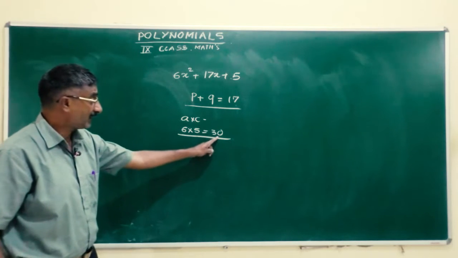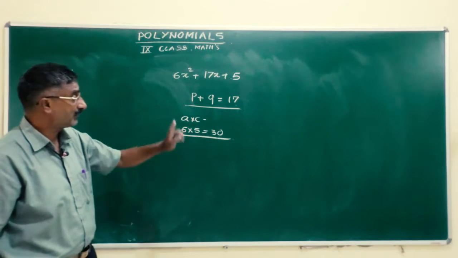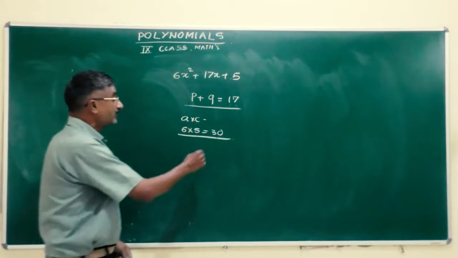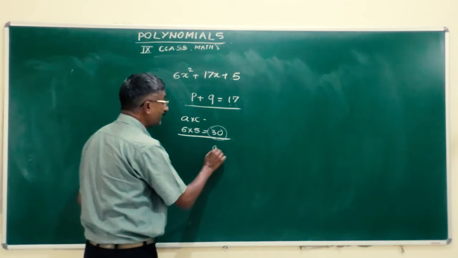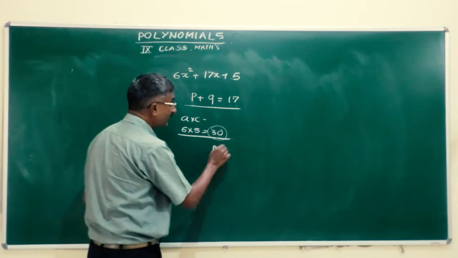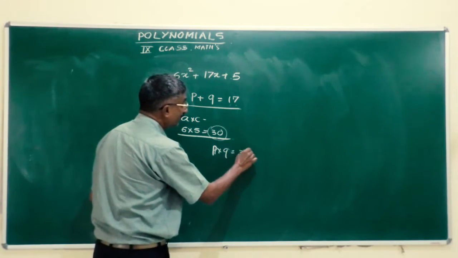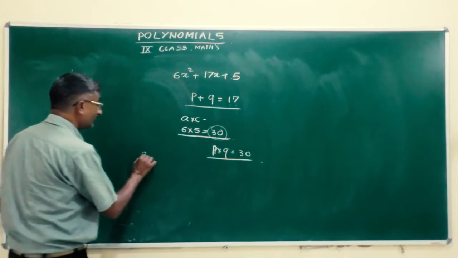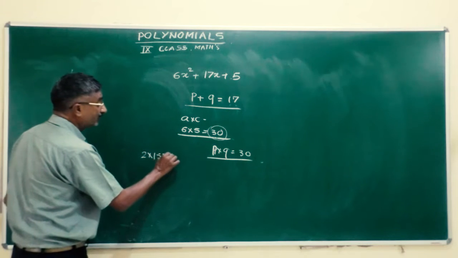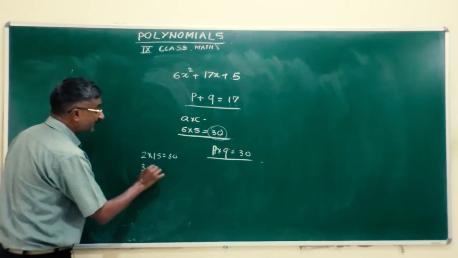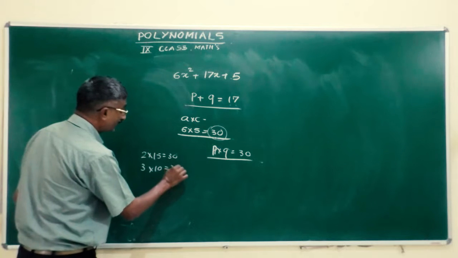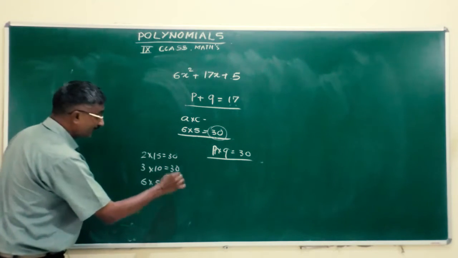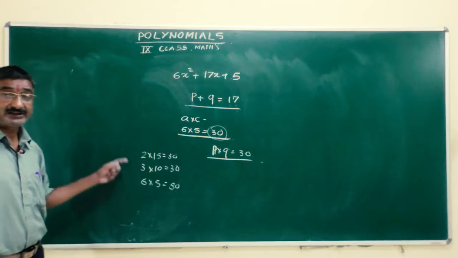So we have to split 30 in two numbers, so that this becomes 17, means P multiplied by Q is equal to 30. We know that 2 multiplied by 15 is equal to 30, 3 multiplied by 10 is equal to 30, 6 multiplied by 5 which is given already is equal to 30, means so many combinations we can make.